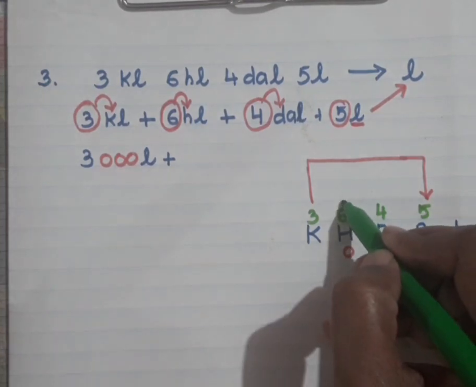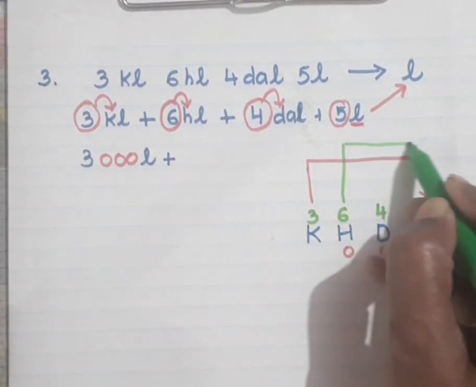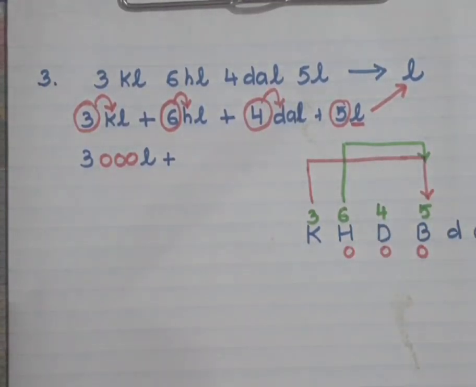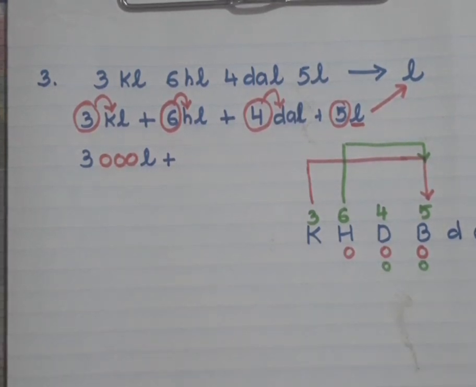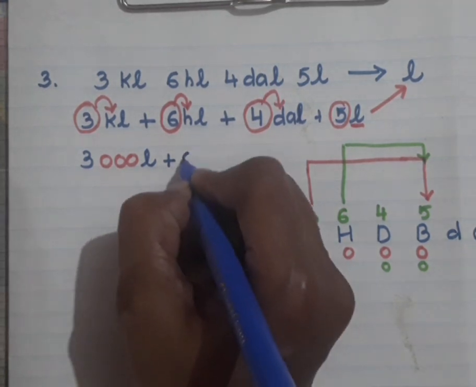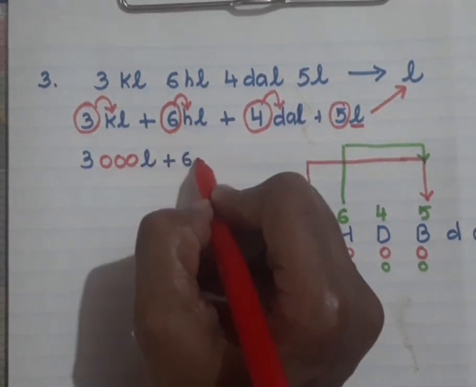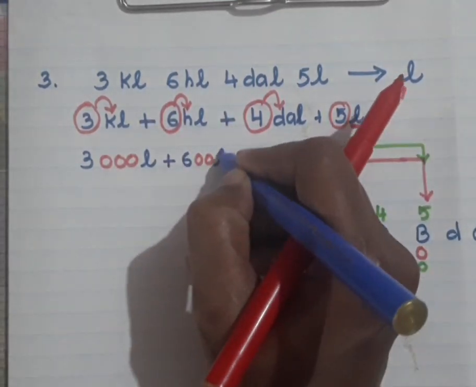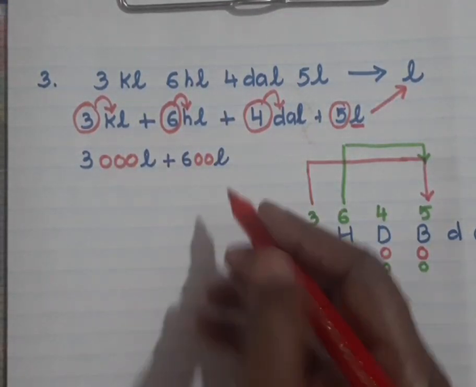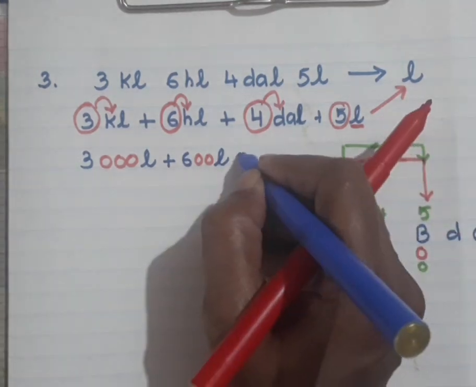Where it has to go? It has to go to the basic. Am I right? So, how many zeros now? 2 zeros. Am I right? So, let's write that. So, we have 6 followed by 2 zeros and this is our liter. Okay?